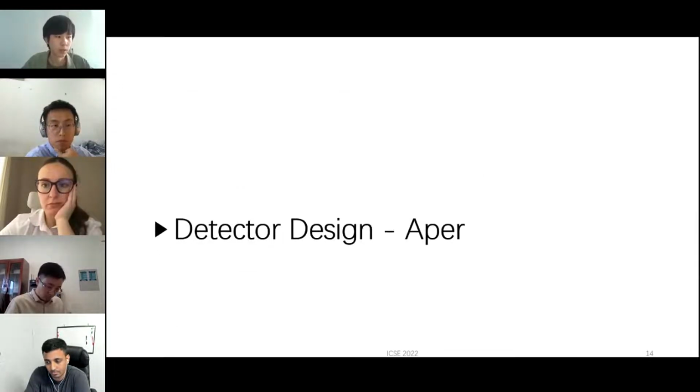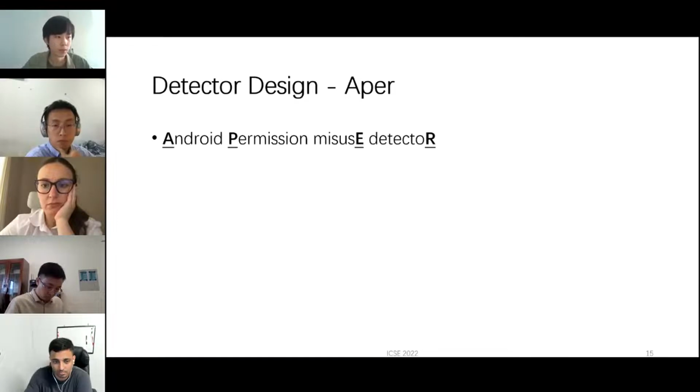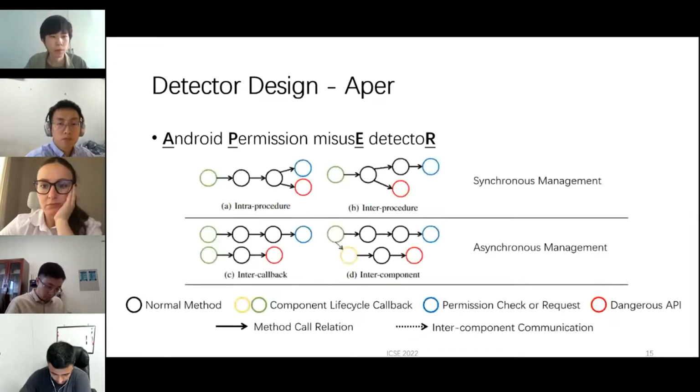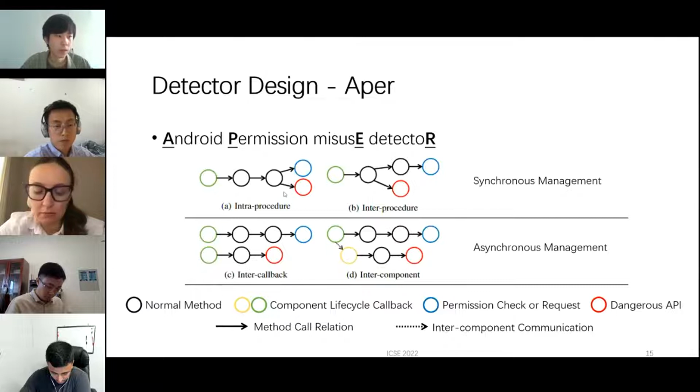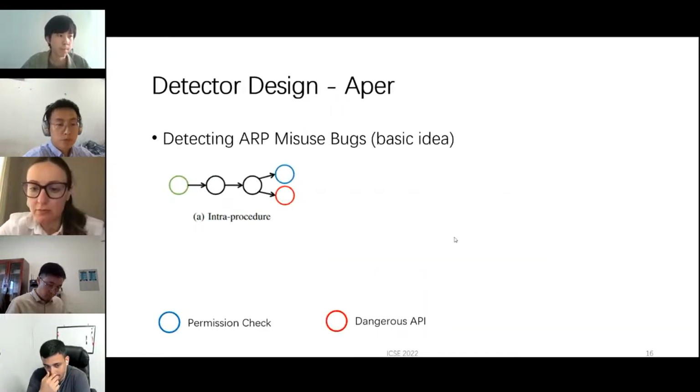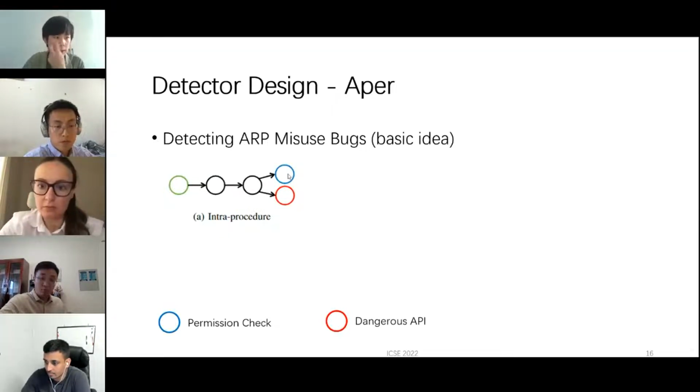Let's move to our tool design. Our tool Aper is a purely static detector. We define the following 4 types of permission management relations in the method call graph. Take the intra-procedural case as an example, in which the permission check, the blue circle, and the dangerous API, the red circle, are called from the same method.